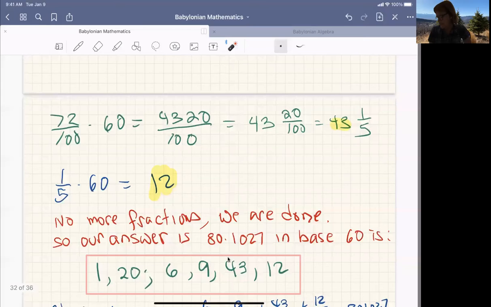So our final answer is the integer part. And remember that in our modern notation, we separate the digits with commas, and then we separate the integer part from the fraction part using a semicolon. And so then these were the digits that we just calculated.